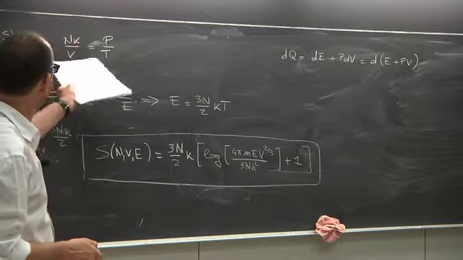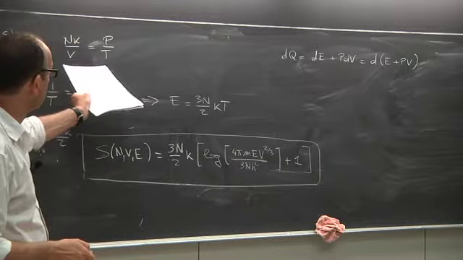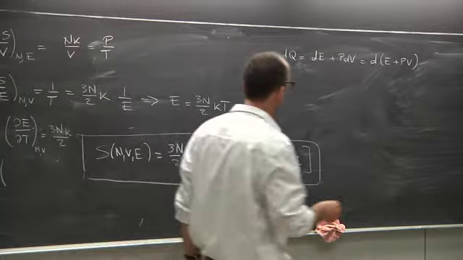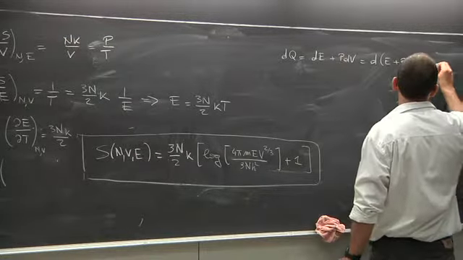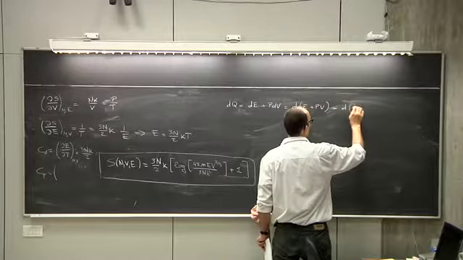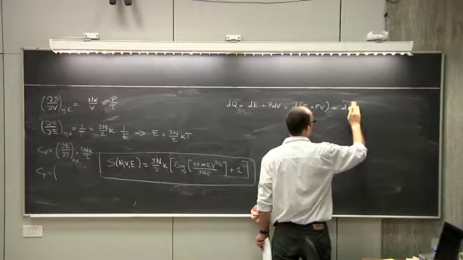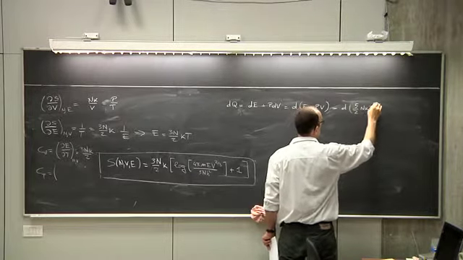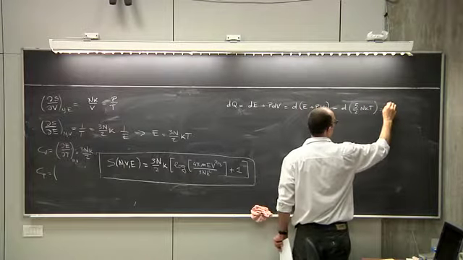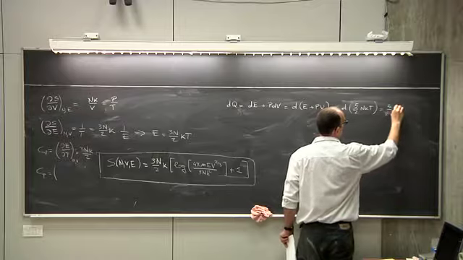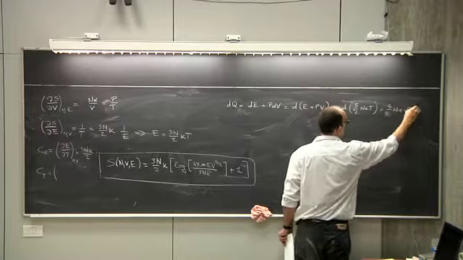But PV is just NkT, and E is 3/2 NkT. So this is just the differential of 5/2 NkT, which is 5/2 Nk times dT.